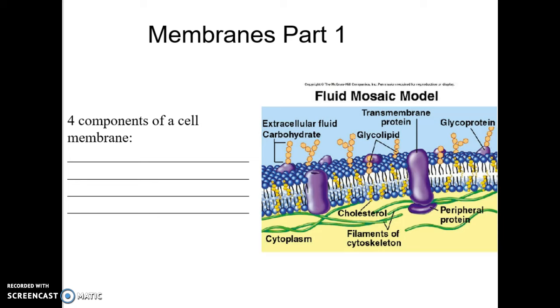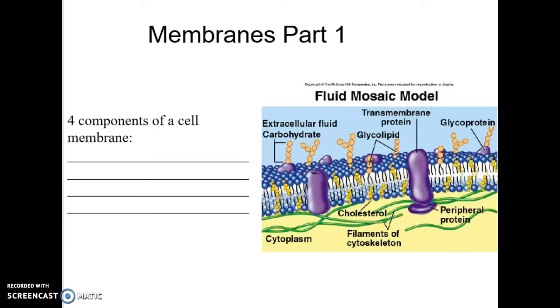What they figured out is that the proteins associated with the cell membrane float on the membrane or are embedded within or actually cross through the entire membrane, as in the case of this structure to the right-hand side of the picture called the transmembrane protein. But all cell membranes have 4 basic components. Doesn't matter what type of cell you are, bacterial, archaea, protista, fungi, plantae, or animalia, 4 basic components.